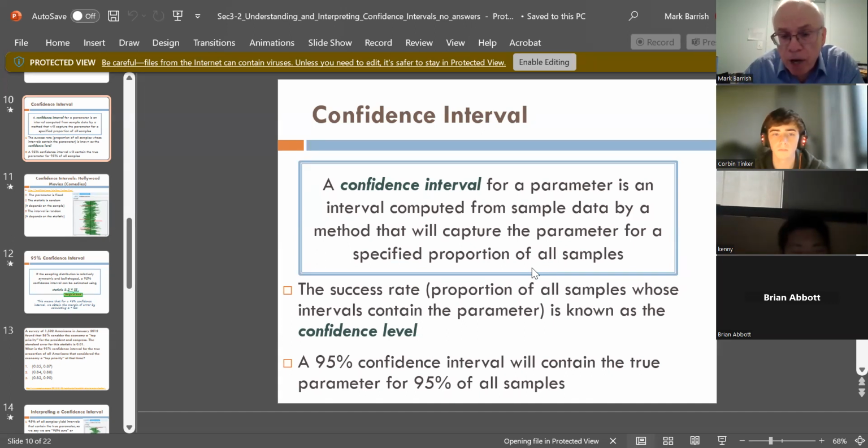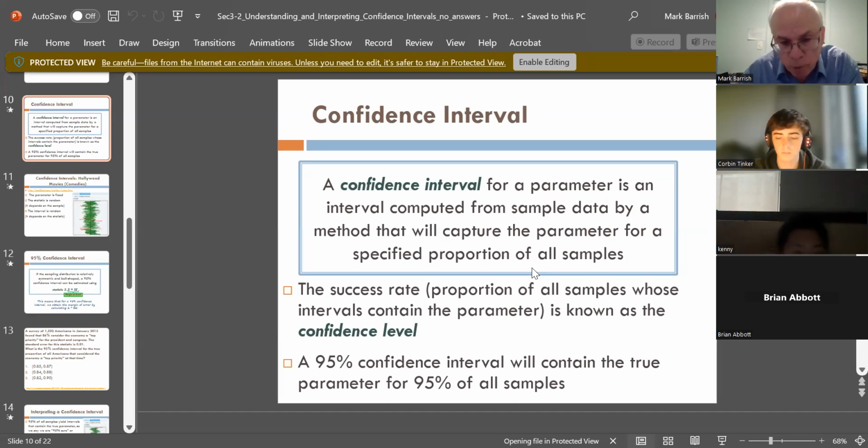So when we say 95% confidence interval, what we're saying is that we should be 95% confident that the interval that we created from the sample data will contain the population mean or population proportion, and so we're confident that the interval that we have is one of those 95%, and it's not one of the 5%.